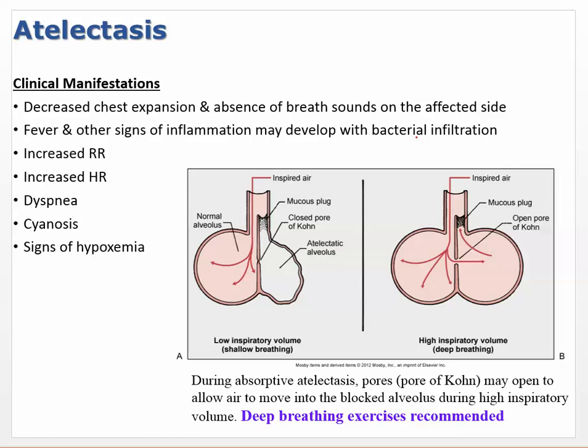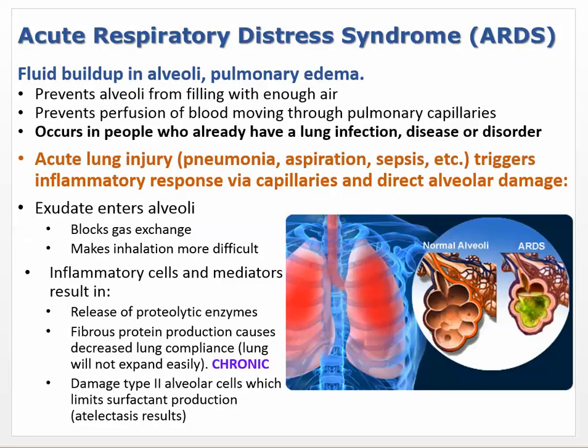That's just going to be associated with it. Increased respiratory rate, increased heart rate, because you're going to have less efficient oxygenation. Dyspnea, so difficult breathing. Cyanosis because of hypoxemia, which is a sign of hypoxemia. That's because your lungs aren't working as efficiently as they should be.